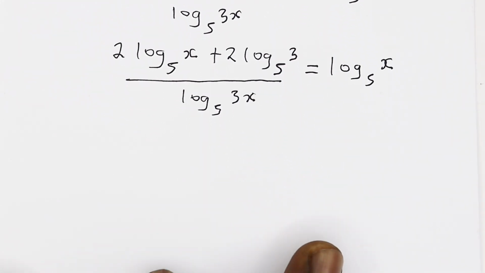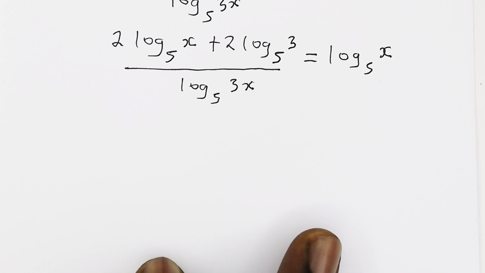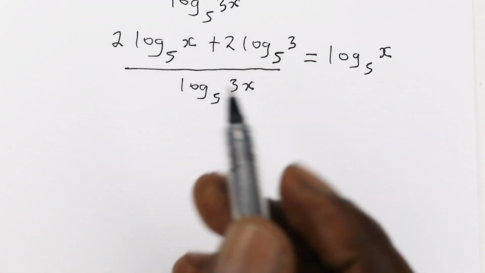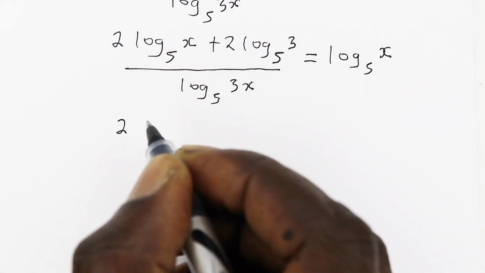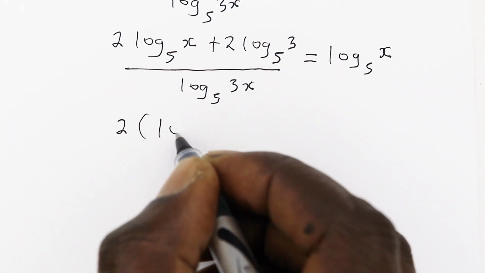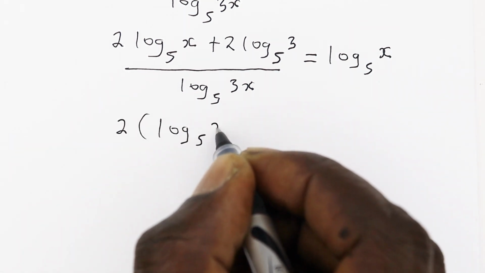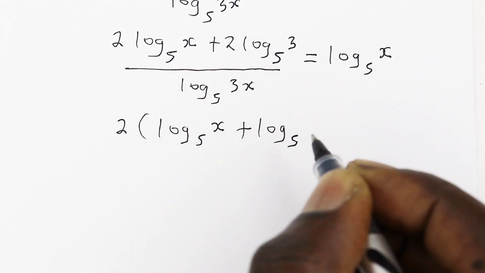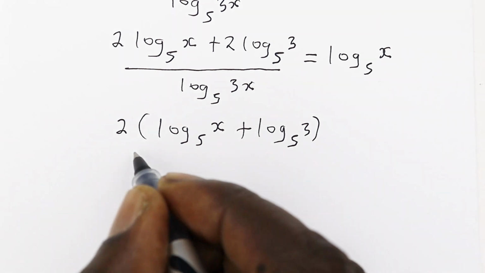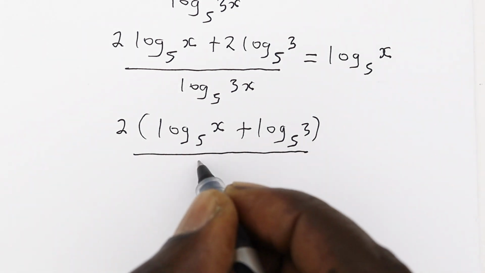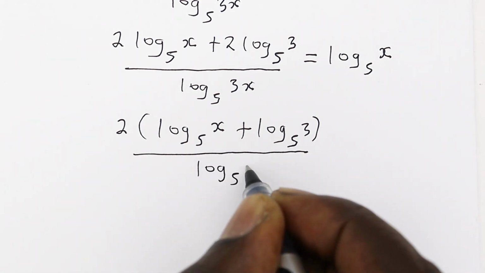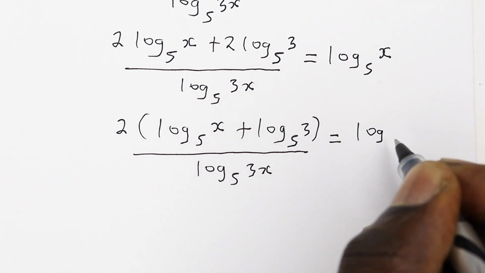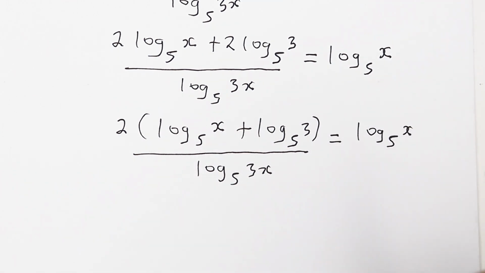Now in the numerator, on the left hand side, you can see that 2 is common. So you can factor it out so that you have 2 into log to base 5 of x plus log to base 5 of 3. And then we still have log to base 5 of 3x, and that's equal to log to base 5 of x.